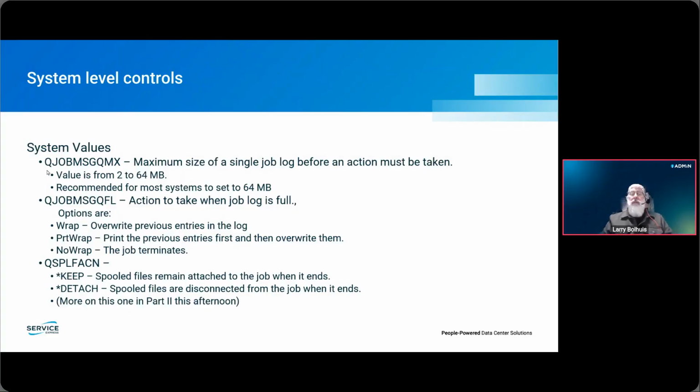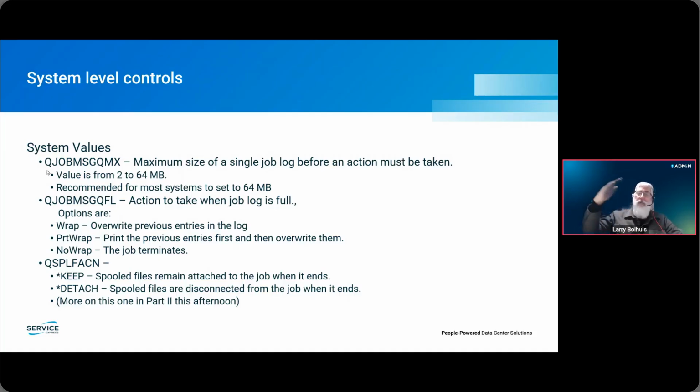The next option is print and wrap. This is Larry's favorite because even though it doesn't actually print it, it creates a job log with that first block of data. So if I set it at 64, it'll create a several thousand page job log, and then it will start over.